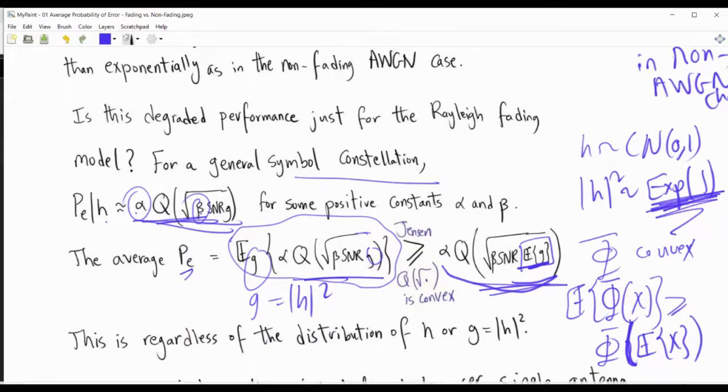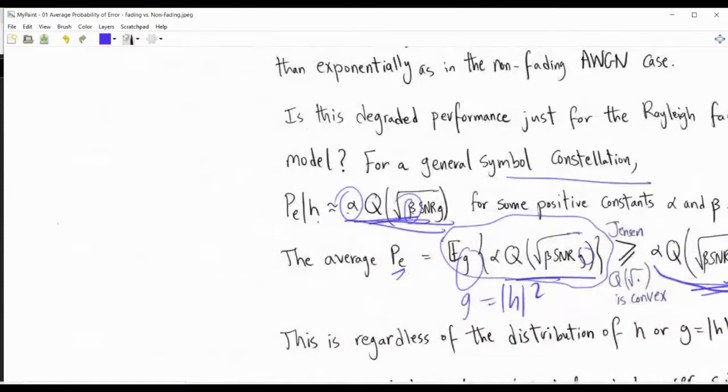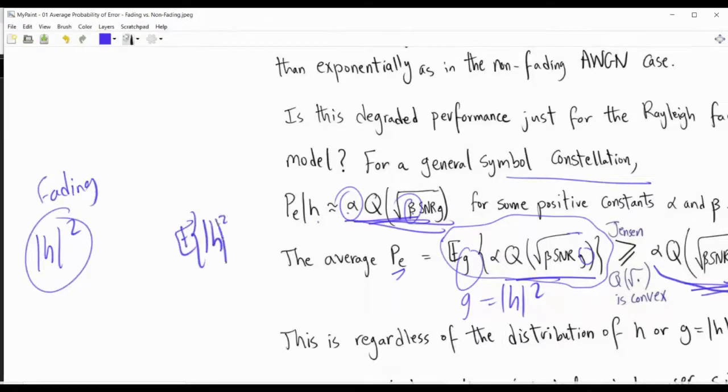So if you compare a fading case and a non-fading case with the same average, to be fair, we have a fading case, and a non-fading case with constant amplitude, with constant channel gain.